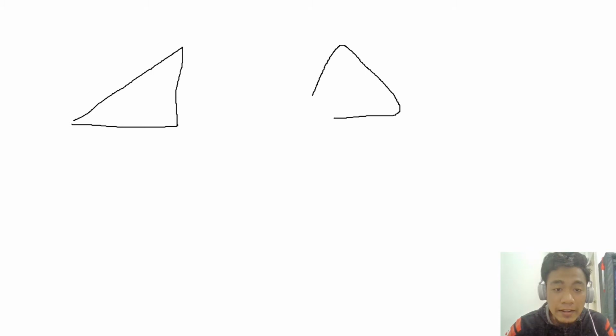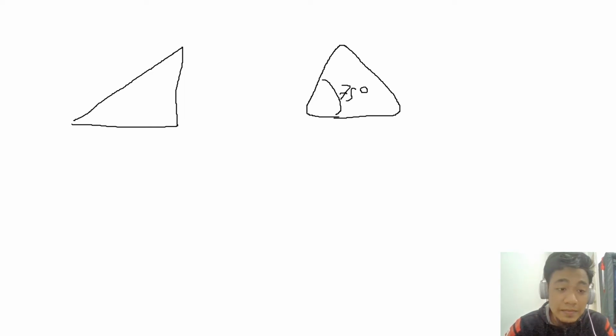Now I'm going to show you how we use the sine bar. We are going to use the trigonometry method. Let's say this is our product, and our product has a 75 degree angle.